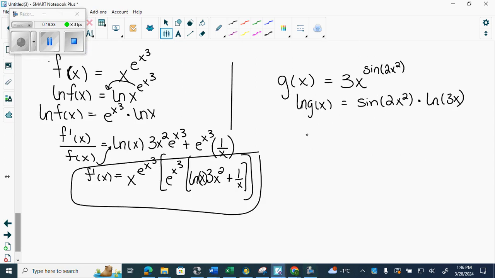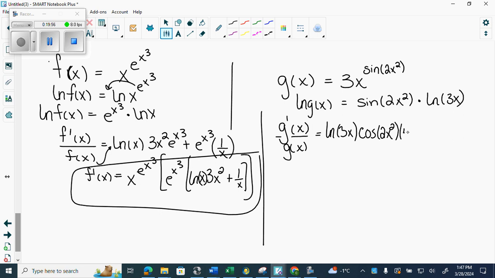So then we have g prime of x over g of x equals g f prime, cos 2x squared times 4x, plus 3 over 3x, which is 1 over x, sine 2x squared. My board doesn't even want to write anymore, it wants to be on Easter break.